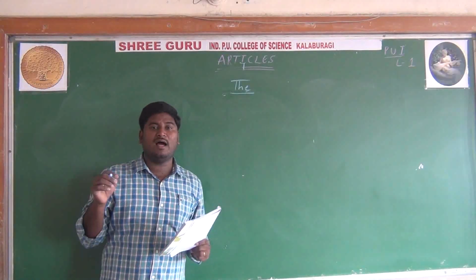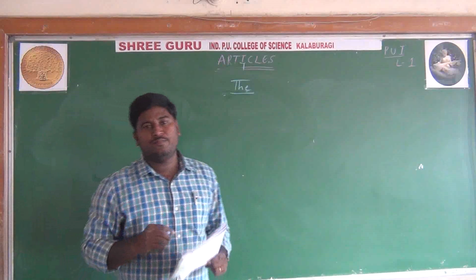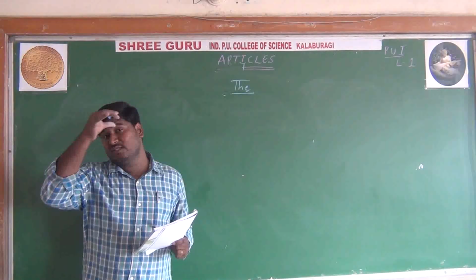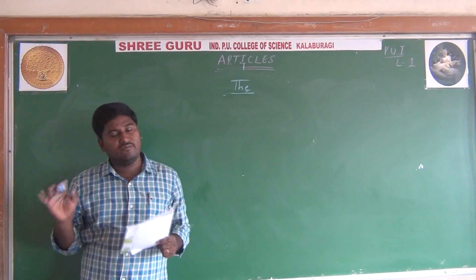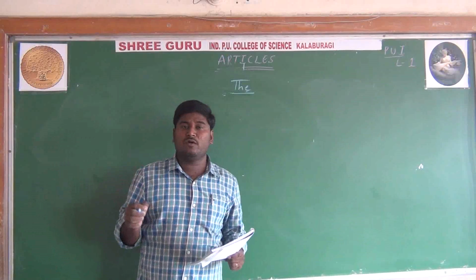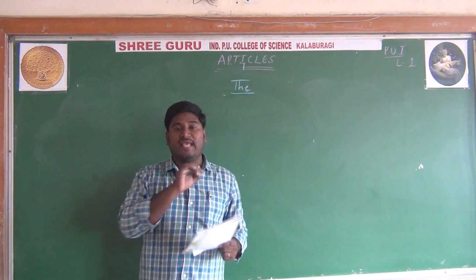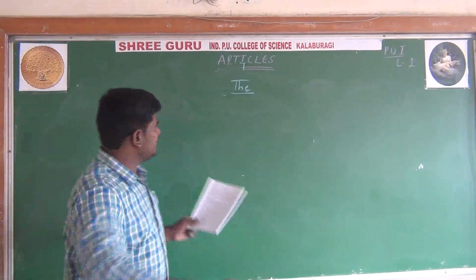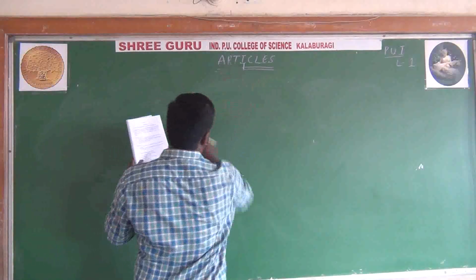You cannot say I learned the Kannada or I do not know a Marathi. You should not say that. Before the names of languages also should not use. Before numbers and proper nouns we should not use any articles. So let us understand this paragraph.